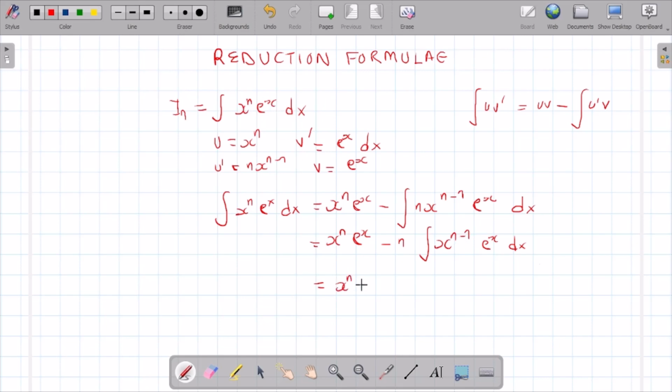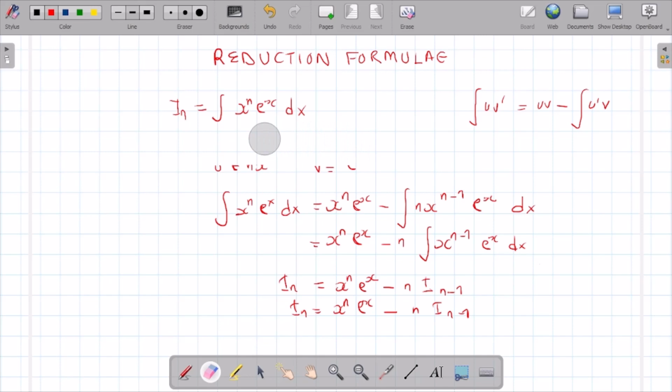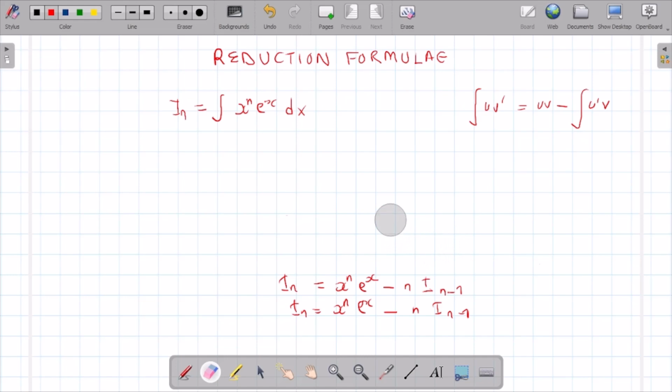By comparison, we get that I_n is equal to x to the power of n e to the power of x minus n I_(n minus 1). This means that now you have developed your recurrence relation: I_n equals x to the power of n e to the power of x minus n I_(n minus 1). Now let's see how we can use this recurrence relation to solve one quick problem. Let's take n as 2 and see how this recurrence relation is going to help us.